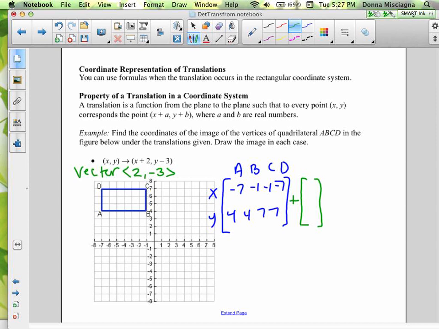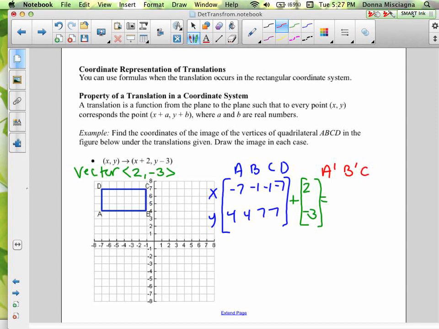Right, so according to our rule or our vector, we're going to add 2 to all of the x coordinates. We're going to add negative 3 to all the y coordinates. And then when we combine those two matrices, we're going to have the coordinates for A prime, B prime, C prime, D prime.